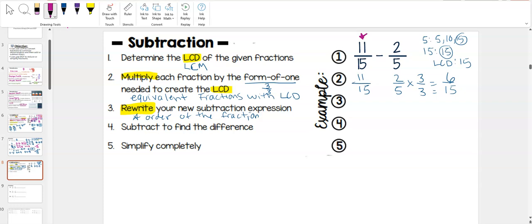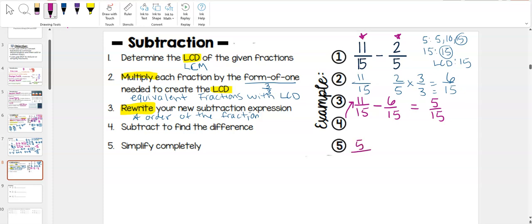So I need to make sure that in this case, it's 11/15 take away 6/15. Now we're going to just subtract the numerators here. So 11 take away 6 is 5, 5/15.